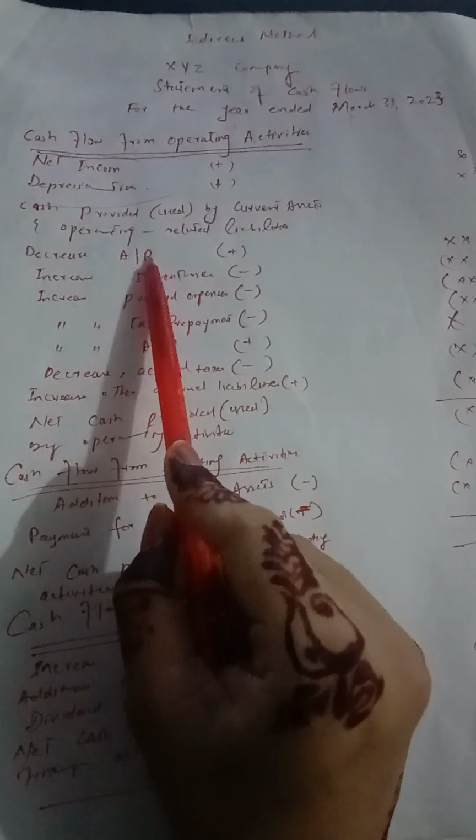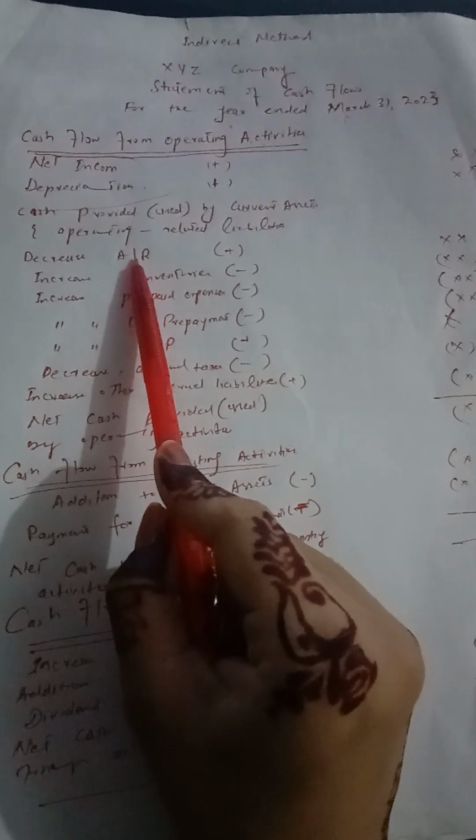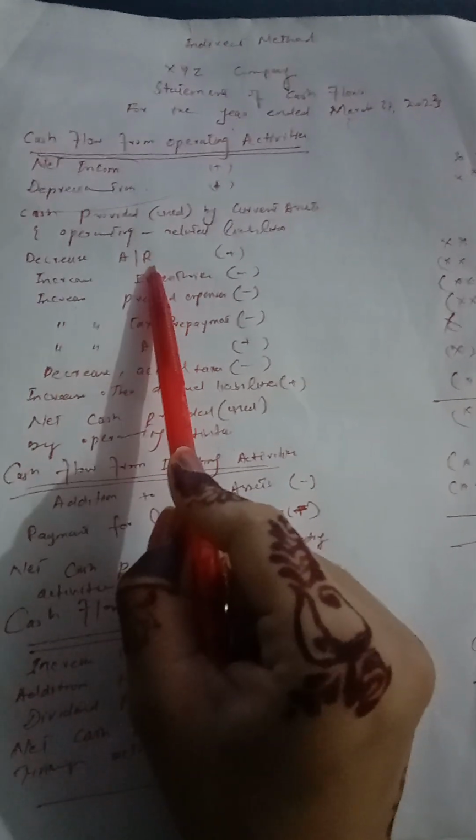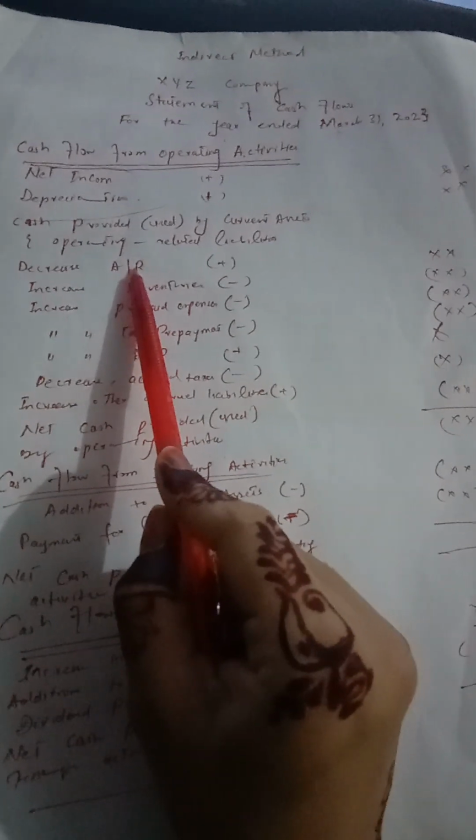Whatever the decrease in accounts receivable. Accounts receivable means what you have to receive from your debtors. When you receive it, the account receivable decreases. Why is it decreased?